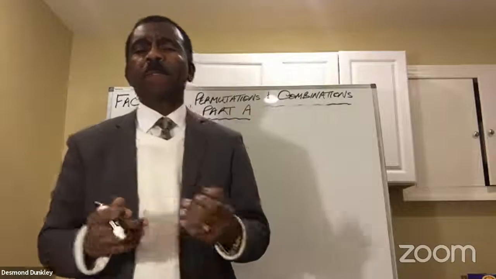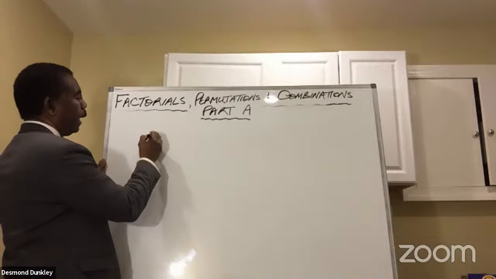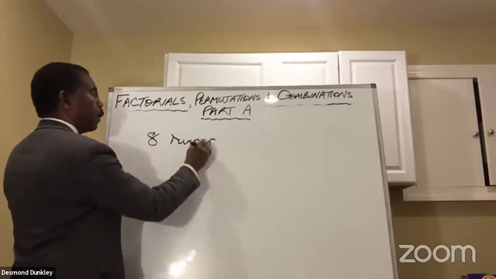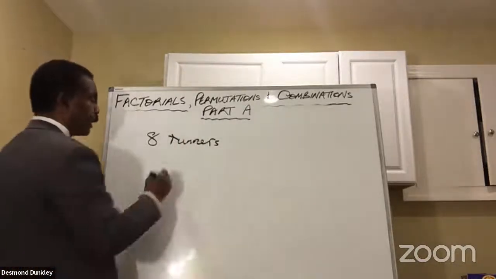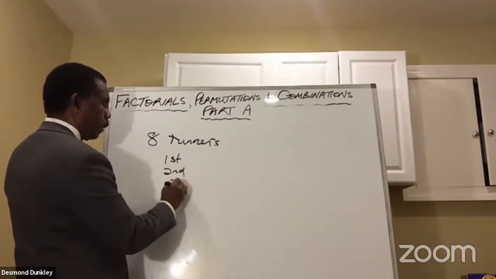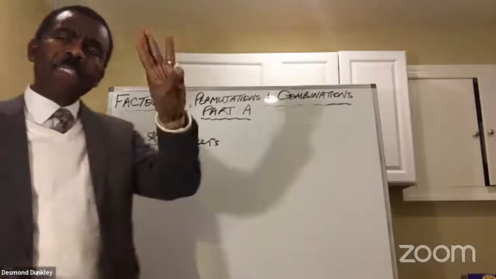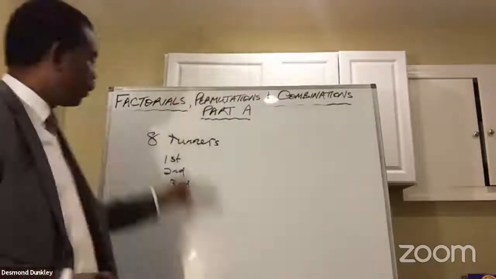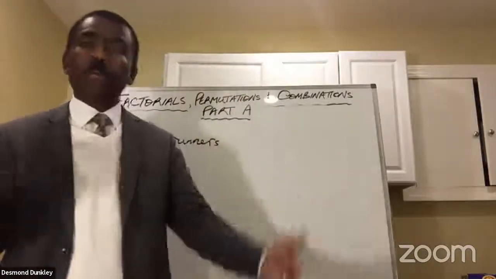For example, if you had a race and there were 8 runners, and you're interested in who comes first, second, and third. In other words, you have 8 people and you want to see how many different ways could you get first, second, and third out of these 8, assuming that they all had the same chance of winning.